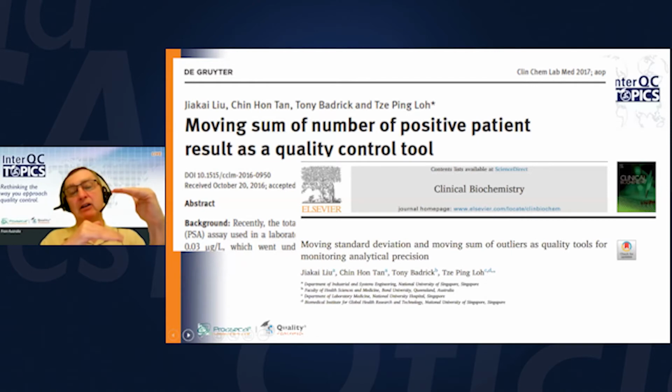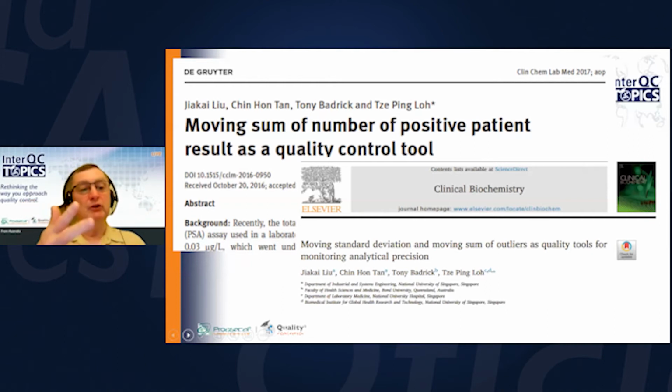If you have a change in bias, what you will see is, if it's a positive change in bias so the bias moves up, you're going to have more patients flagged as abnormally high and fewer patients flagged as abnormally low. So by measuring the number of patients who are above or below the reference interval, that can give you information about bias. It can give you other sorts of information as well.